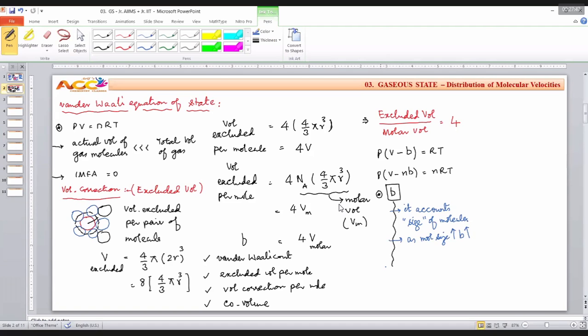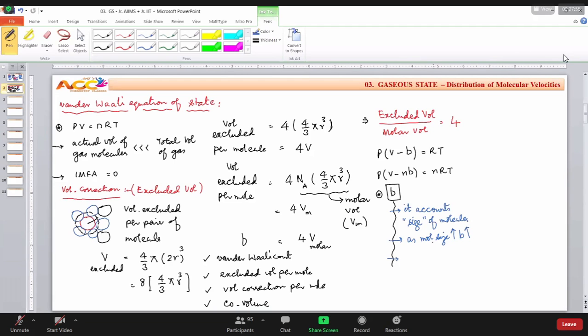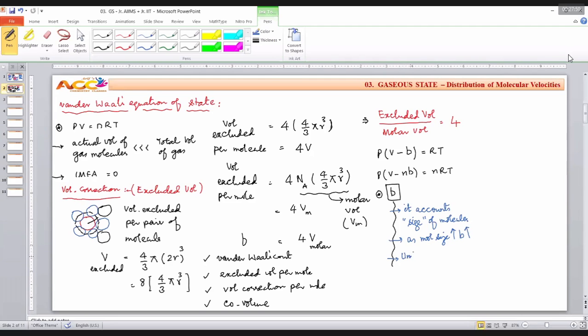Next, how do you say molecular size increases? Very simple, sir. If molecular weight increases, size increases, right? But people always talk in terms of size. Next, sir, what are the units of B? For that purpose, go back to units and dimensions in physics class. In physics class, we have said any two physical quantities can be added or subtracted only if they have the same units, dimensionally they must be the same.